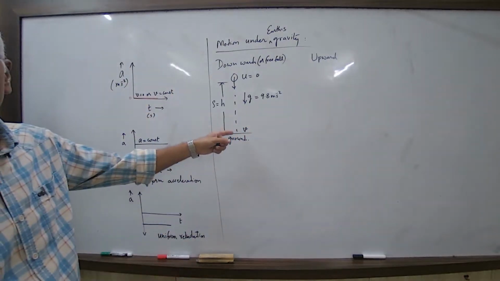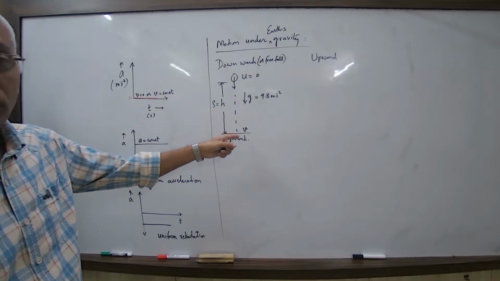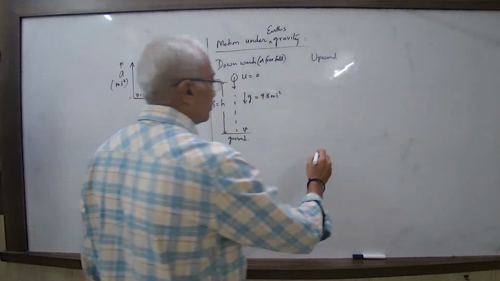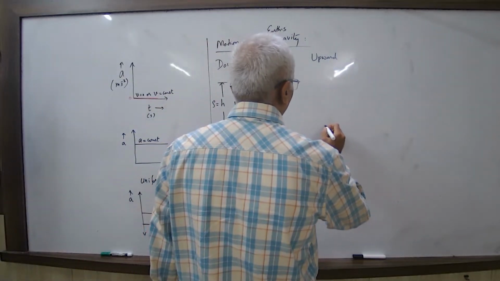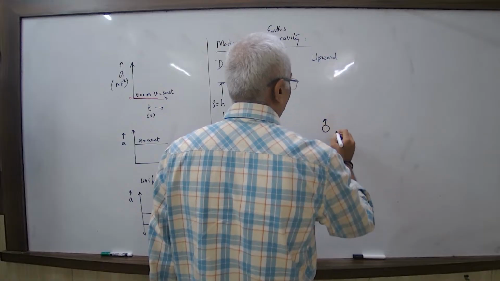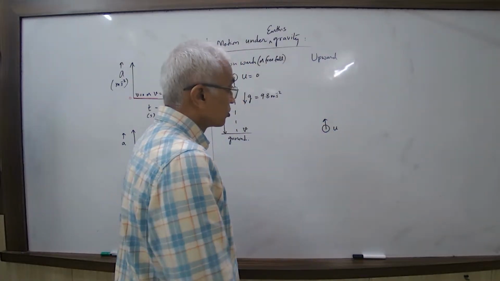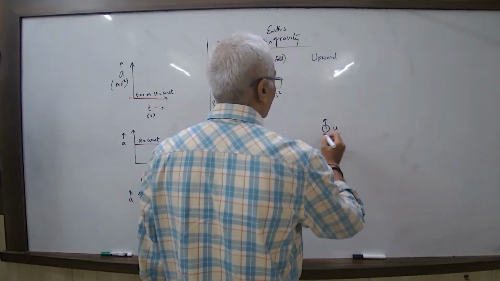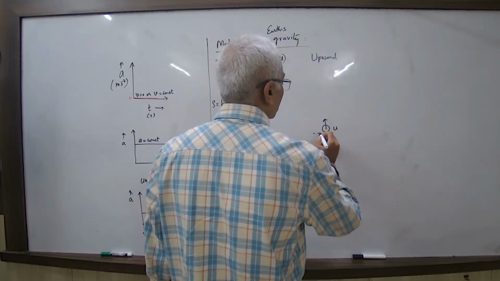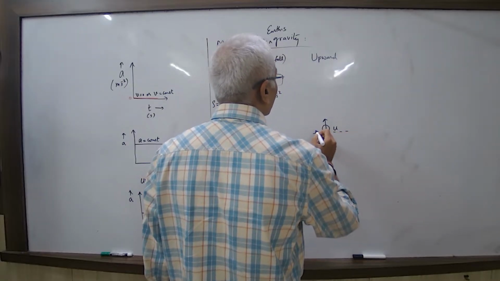So it will have some non-zero velocity. At the top, it has 0 velocity. Now, if you throw some object above, now it will have some u. ठीक है? Initially इसको कुछ velocity देना पड़ेगा. मतलब तुम्हारा ground है.